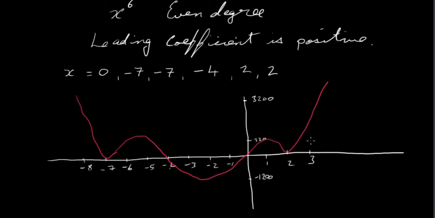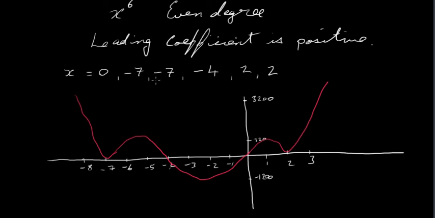Now remember, this is a sketch, it's not absolutely accurate. So we started with 2 arms. We know the 2 arms are pointing upwards because it's even degree and the leading coefficient is positive. We have all our roots, so our graph will hit each of these roots. It goes through the x-axis at 0 because there's only 1, and at -4 because there's only 1 of -4.